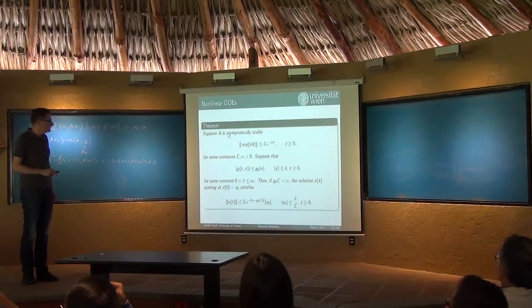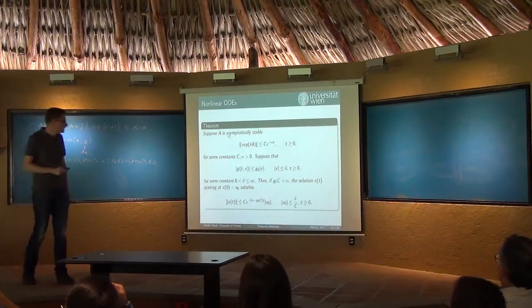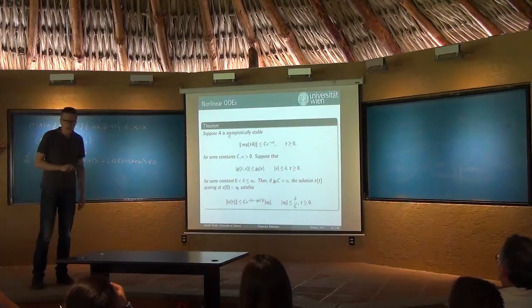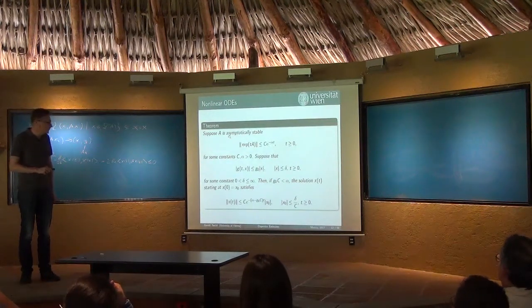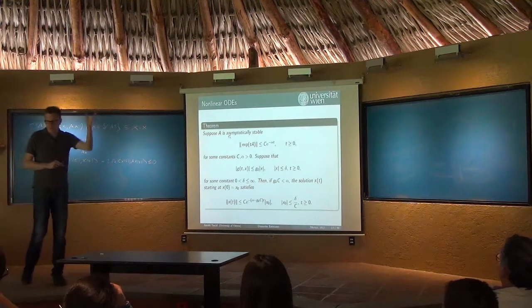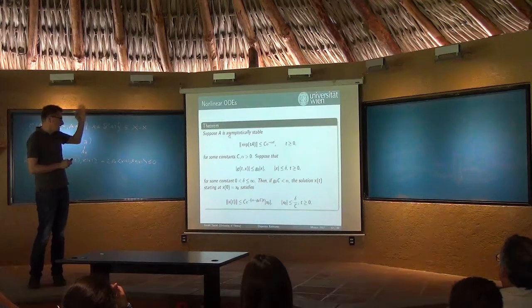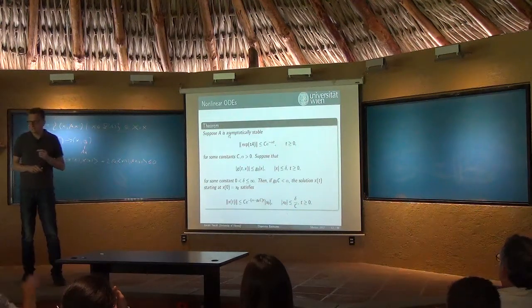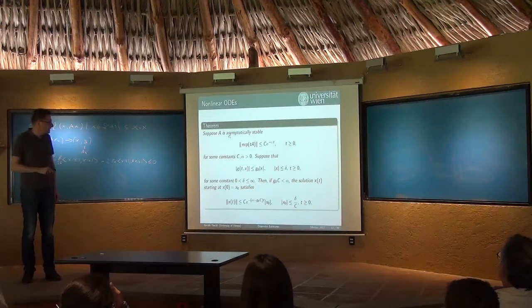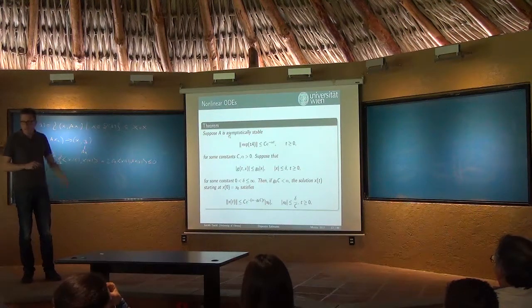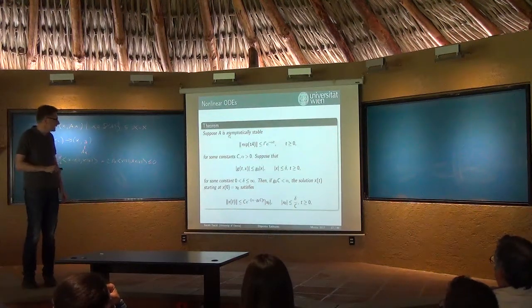All of these blocks here can be estimated by an expression of the form a constant times e to the alpha t. If everything is diagonalizable, then you can just take the minimum over the real parts of the eigenvalues right here.